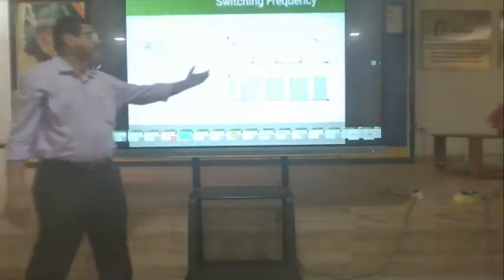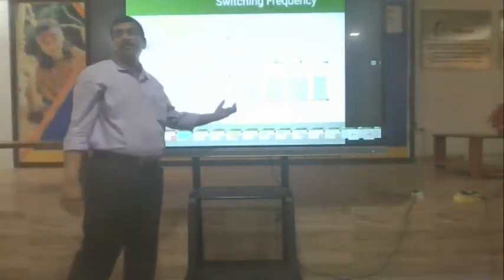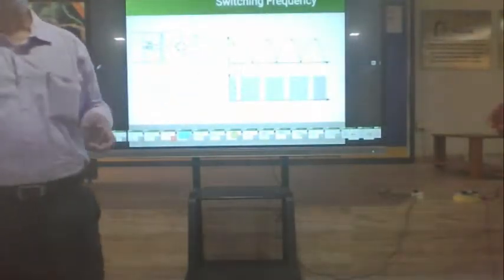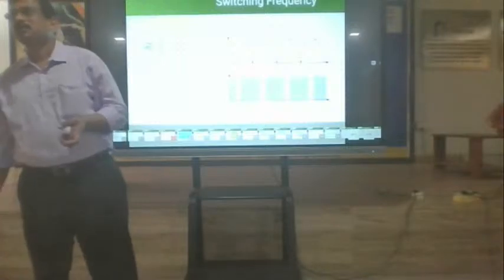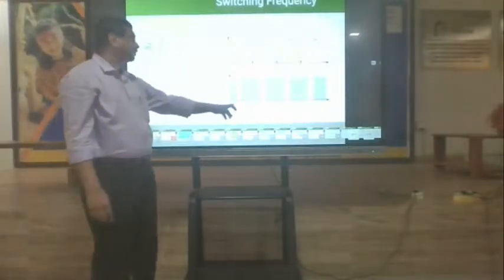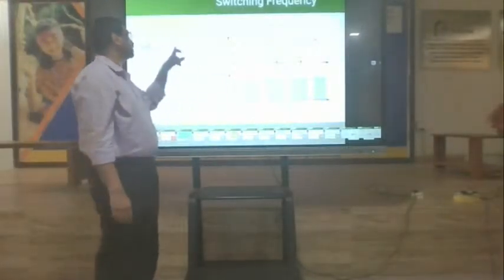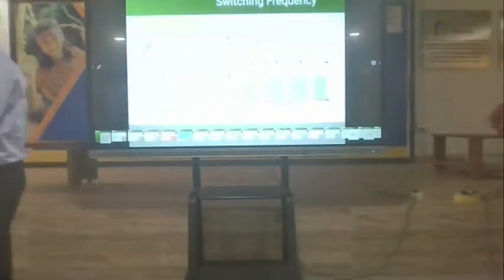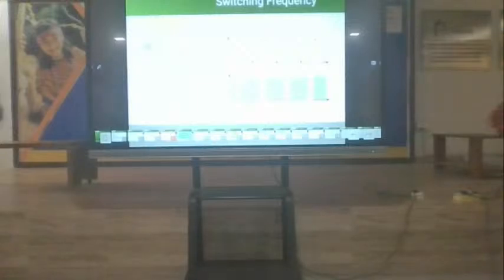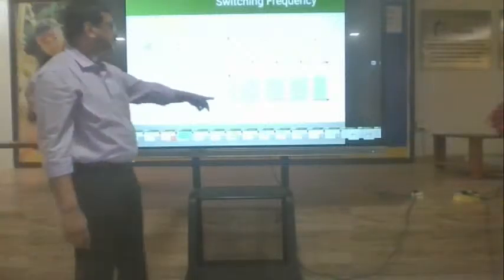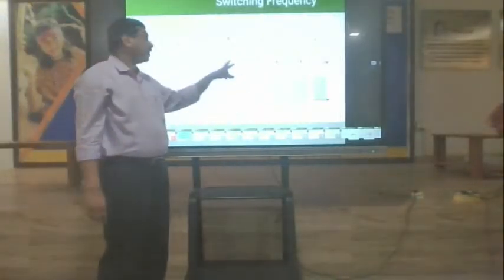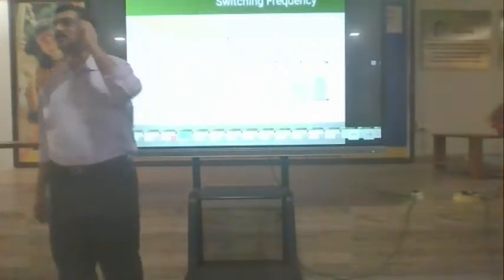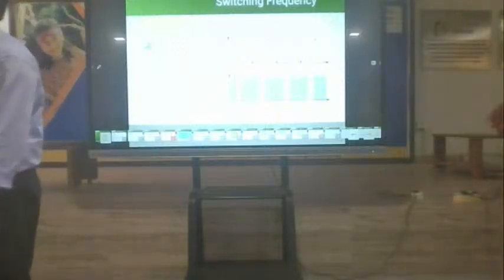So in this 10 millisecond cycle, how much is the time that the capacitor is getting to charge? Till the voltage exceeds the forward cut-in voltages of the two diodes, you don't have any voltage across the capacitor. So in this 10 milliseconds, hardly there will be 3 milliseconds where the capacitor gets charged.